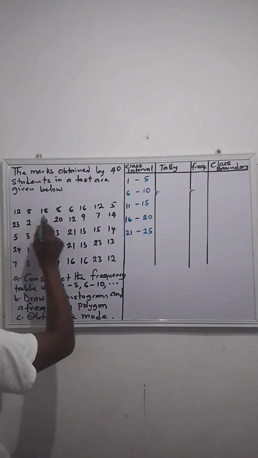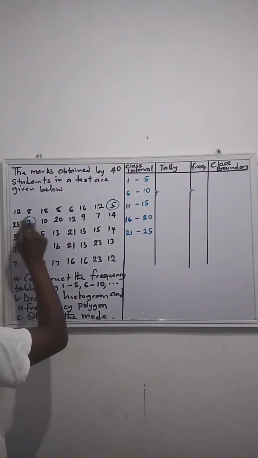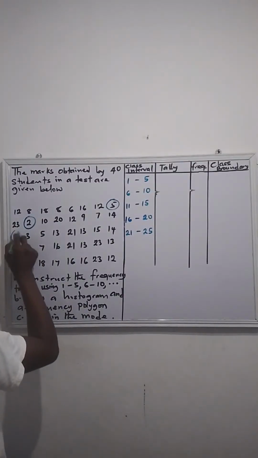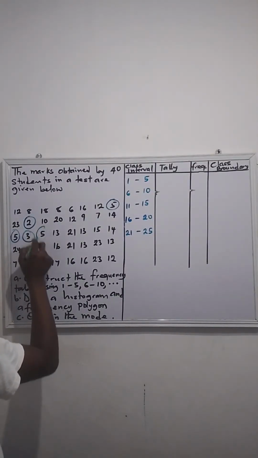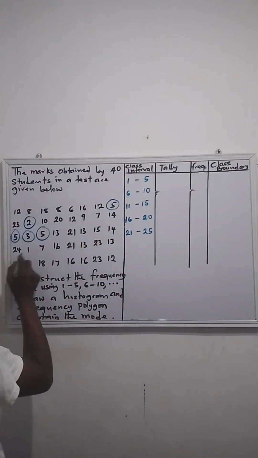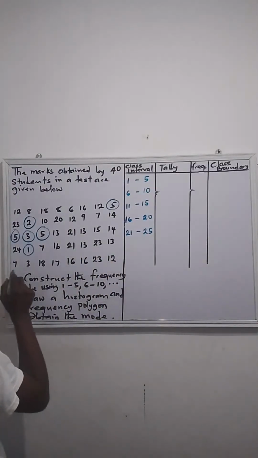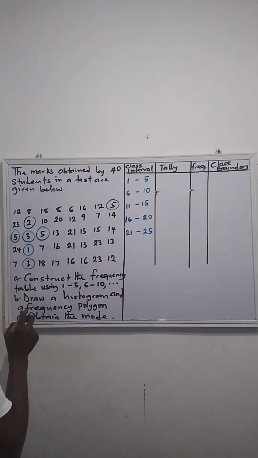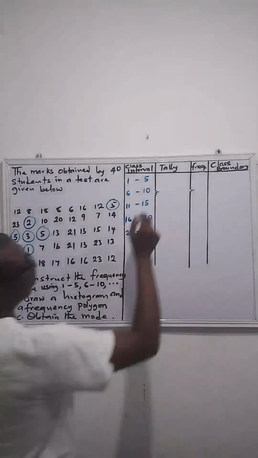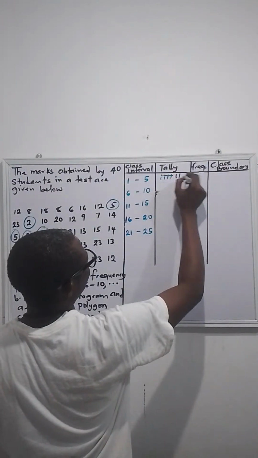For 1 to 5, we have 1, 2, 3, 4, 5, 6, 7. So we have 7 here.